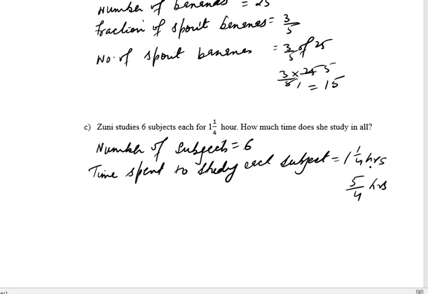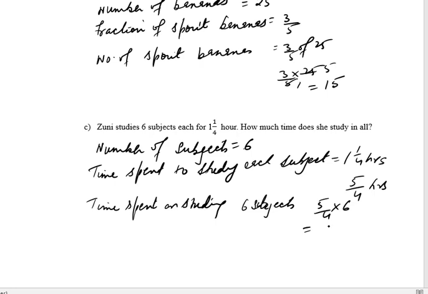Okay. So time spent on studying 6 subjects will be 5 by 4 for one subject, and for 6 subjects it will be this thing. So 5 sixes are 30, 30 upon 4.